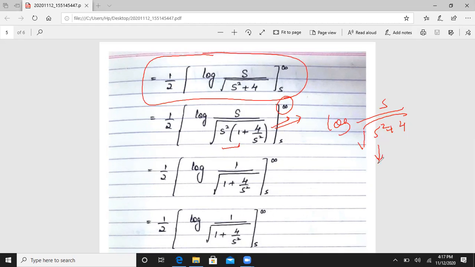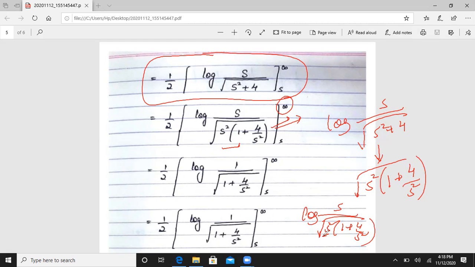We write s square plus 4 by taking s square common outside, as 1 plus 4 divided by s square. So we get log of s divided by root of s square times 1 plus 4 by s square.